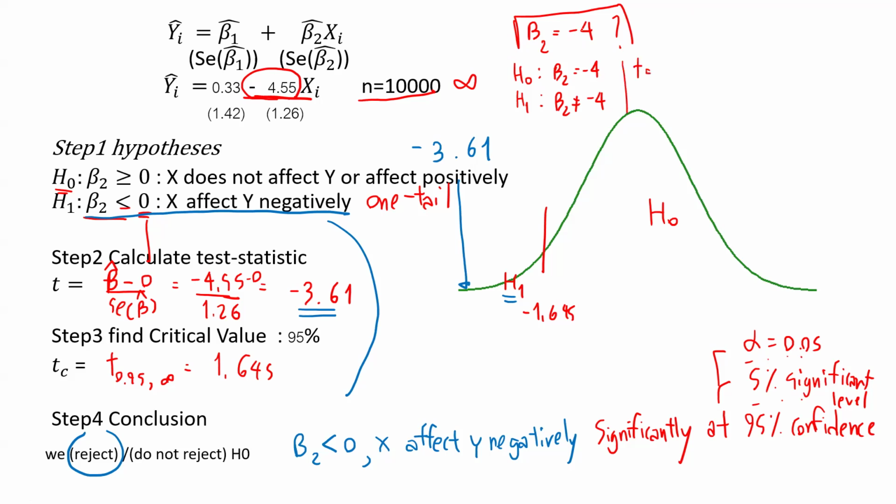So t equals this one, minus 4.55, and the number that you are interested in, which is minus 4. So minus 4 over 1.26, and you get the number 0.55 over 1.26 using your calculator.